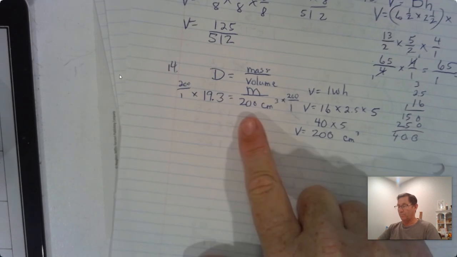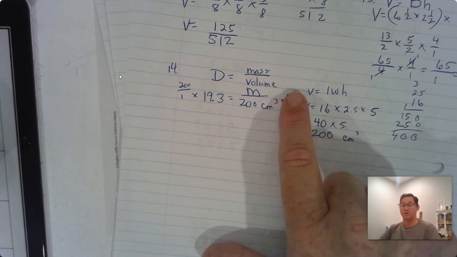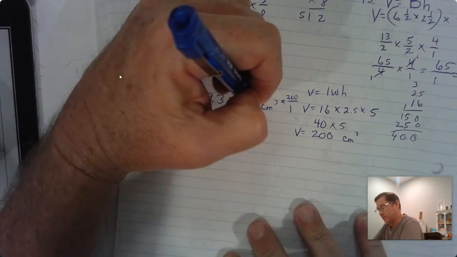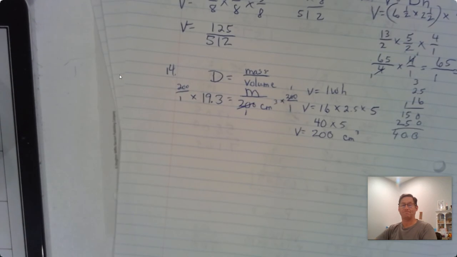All right, so why do I want to multiply by 200? Because the greatest common factor of 200 and 200 is 200. So I cross those out, we get 1, right?